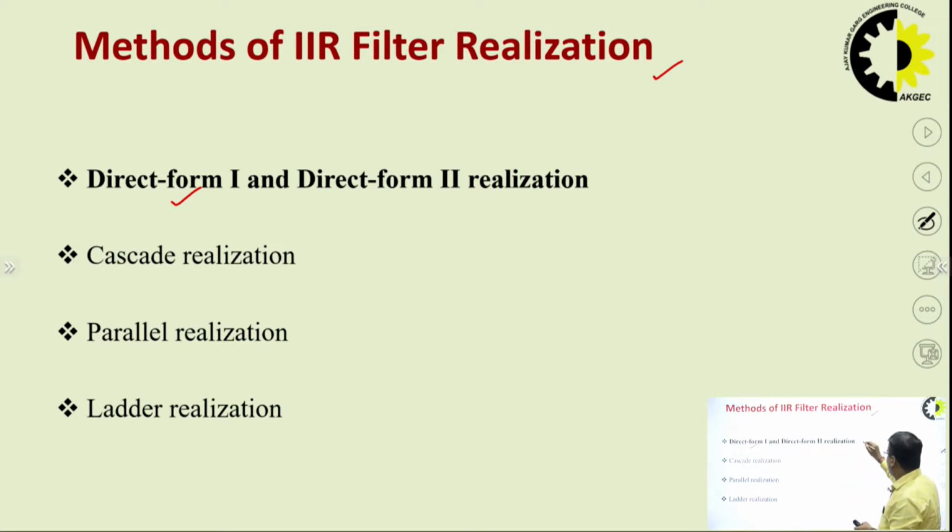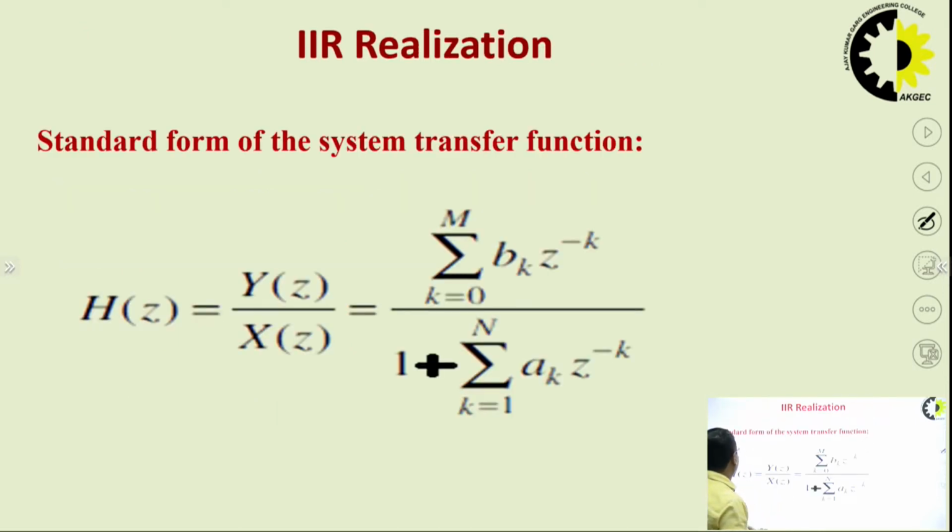But direct form 1 and direct form 2 are the 2 basic methods of IIR filter realization. If you know direct form 1 and direct form 2 realization, then you can easily realize using the cascade, parallel and ladder realization. After that, you can realize by the other forms of realization.